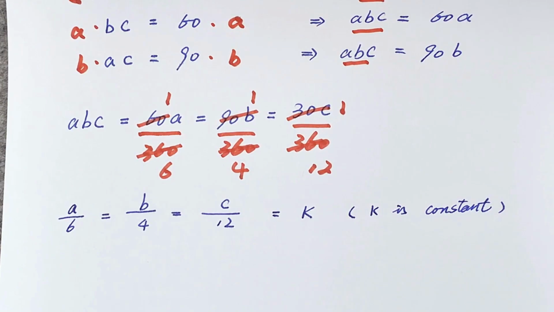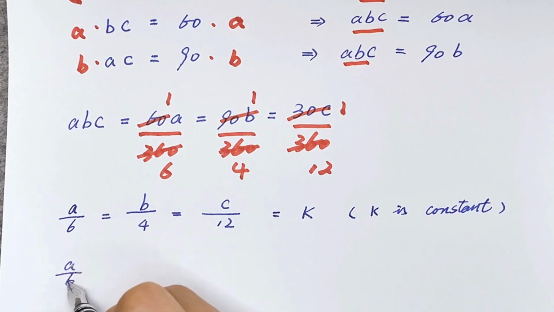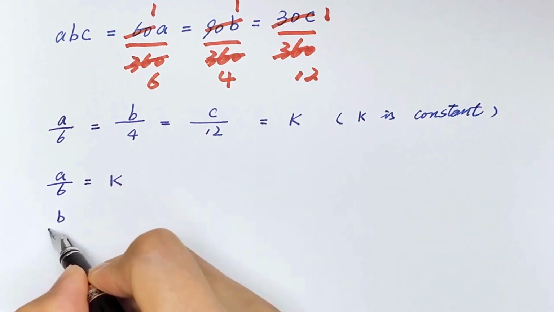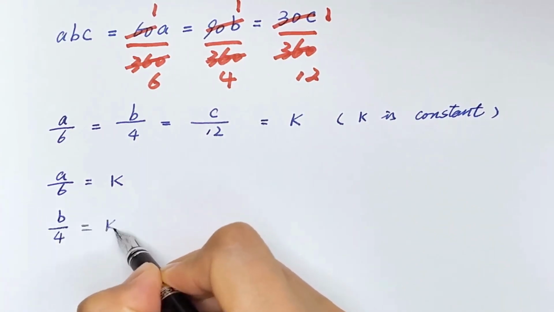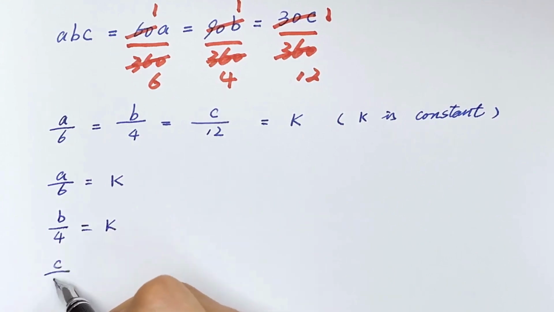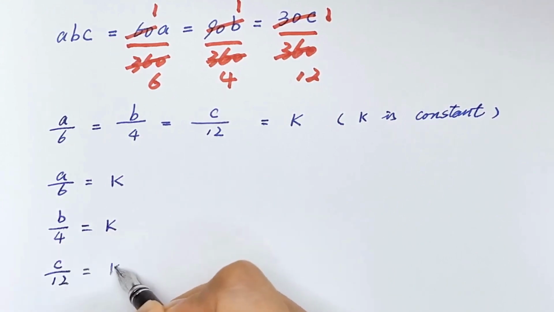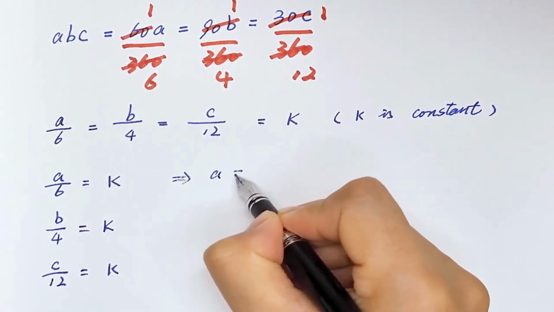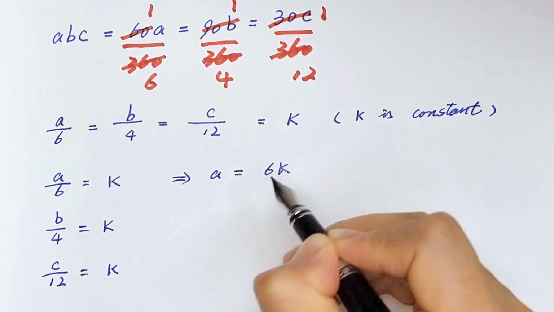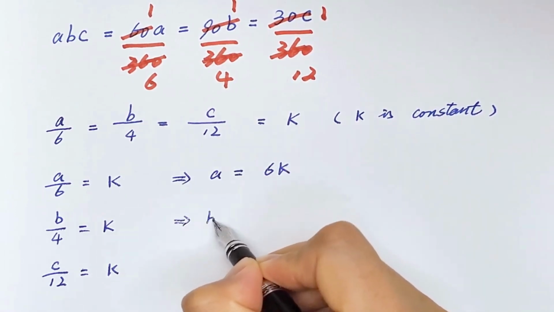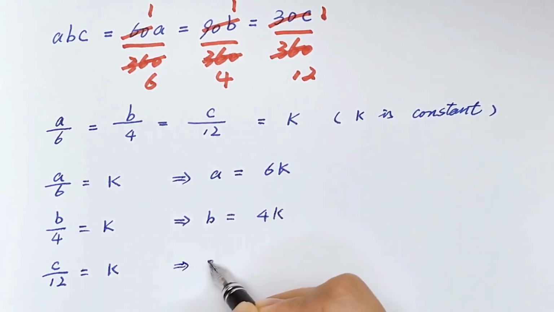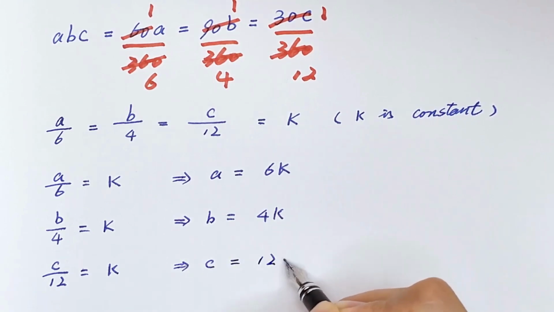Then A over 6 is equal to K, B over 4 is equal to K, and C over 12 is equal to K. So A is equal to 6K, B is equal to 4K, and C is equal to 12K.